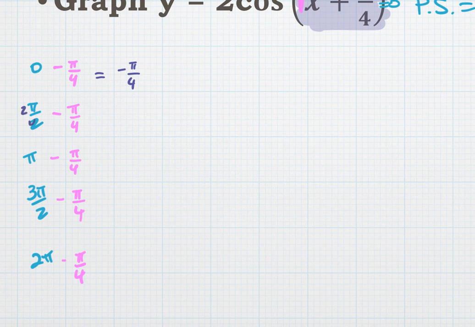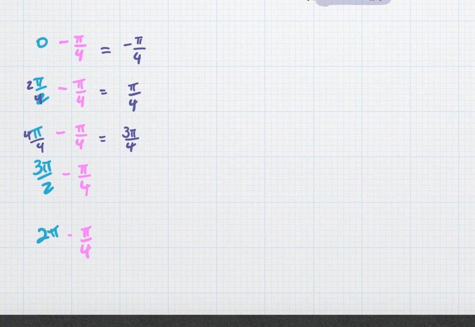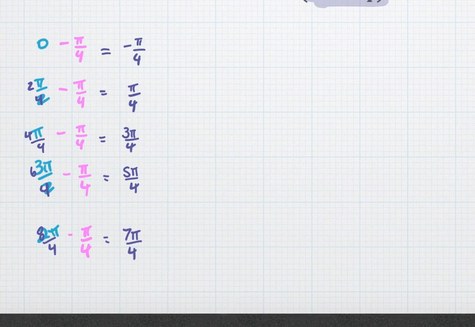This is 2 pi over 4 minus pi over 4, so this is pi over 4. 4 pi over 4 minus pi over 4, 3 pi over 4. 6 pi over 4 minus pi over 4, 5 pi over 4. And 8 pi over 4 minus pi over 4, 7 pi over 4.